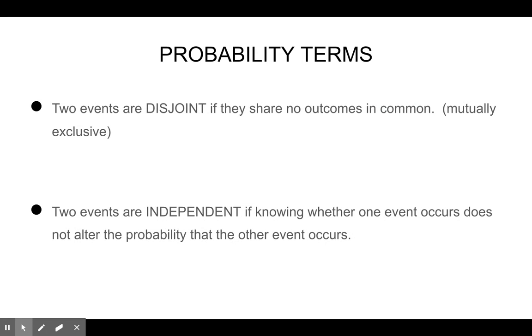So disjoint and independence is kind of the first thing we like to get in our minds all the time, because we're going to start talking about, well, are things dependent on each other or are they independent? Do the probabilities stay the same no matter what you're doing, or do they change?